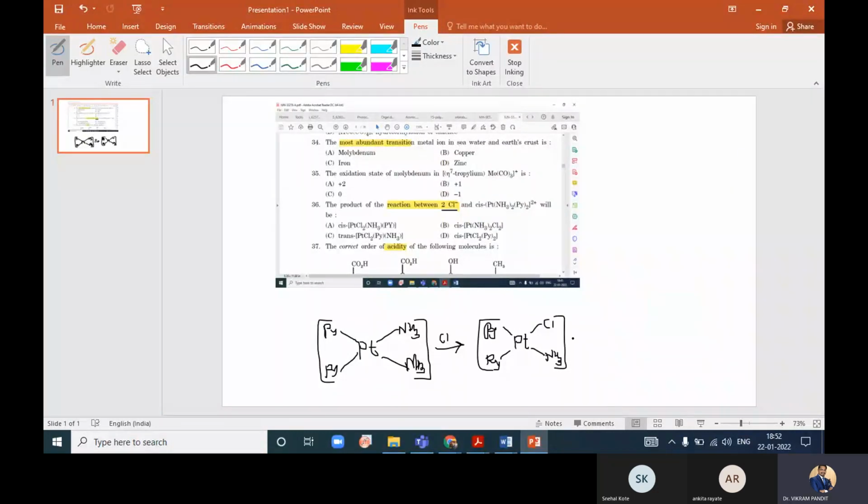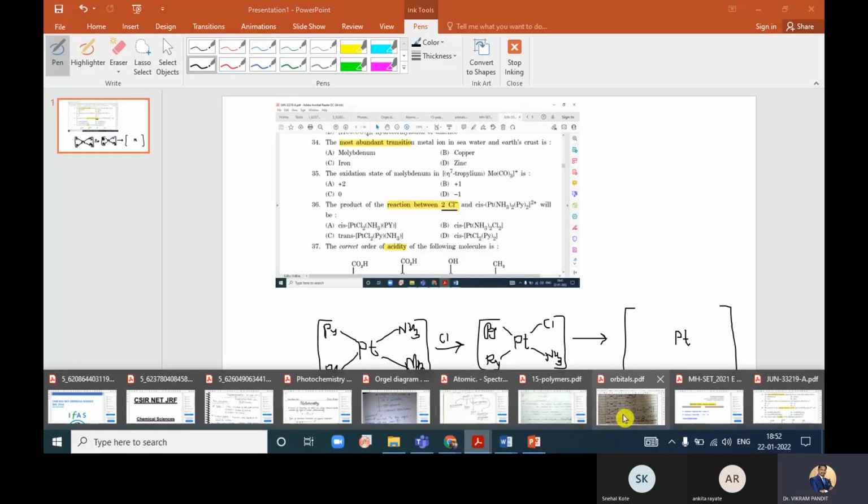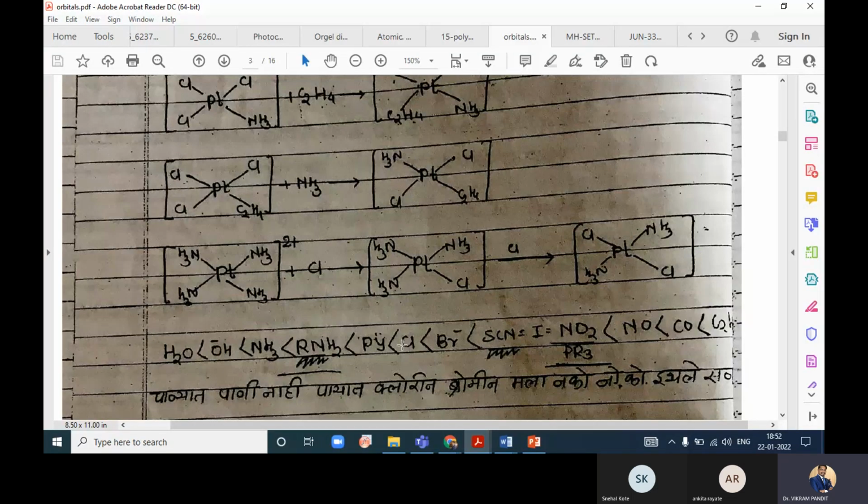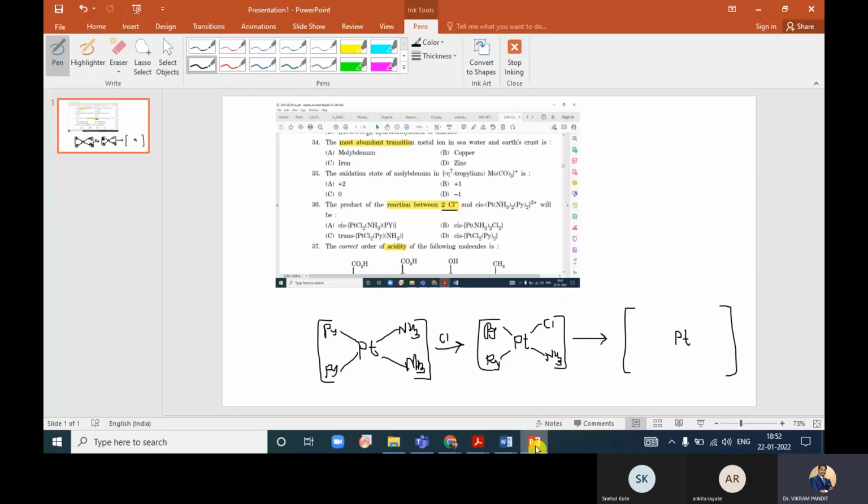In the second step, what happens? Now there are three types of ligand present on the platinum. Which three? Pyridine, NH3, and chlorine. If you remember the series, it is very simple: chlorine has the highest trans effect.